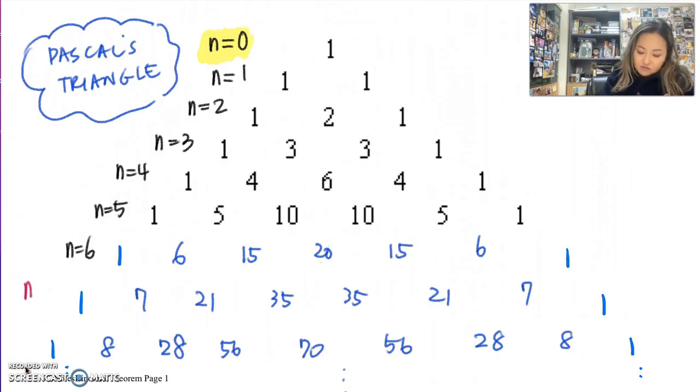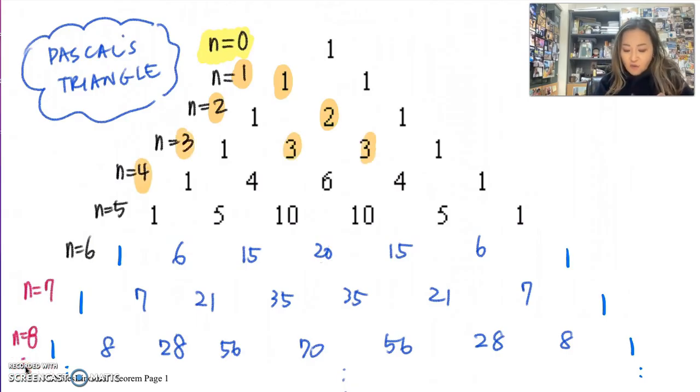Let's keep going. This is row 7. This is row 8, and that will continue. And watch this. I'm going to highlight some of the important things here. Look, this row 1 corresponds to this guy here, right? Because there's no, well, you'll see the pattern later. Row 2 here corresponds to this number. Row 3 here corresponds to these numbers. Row 4 corresponds to these numbers. Row 5, which corresponds to these numbers. Oh my God, row 6.